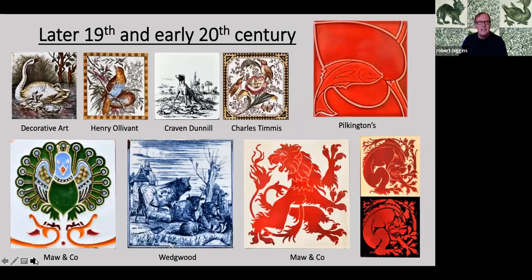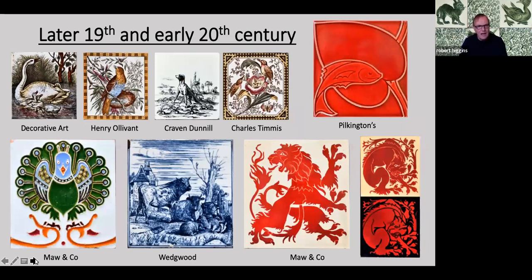So if we move on to the later 19th century, at this time, William De Morgan, who started making tiles in 1872, was well established. We're looking at 1880s and 1890s through to the beginning of the 20th century here.